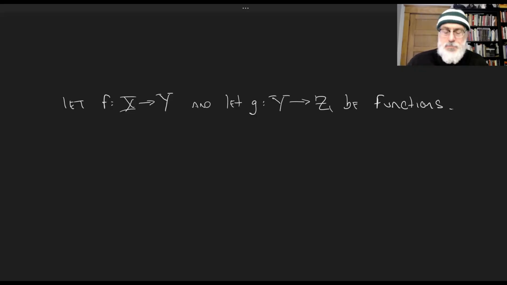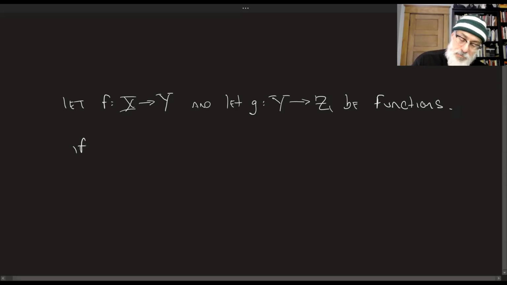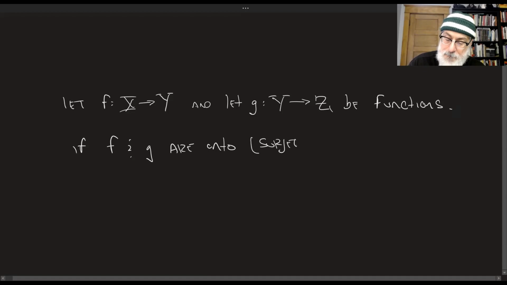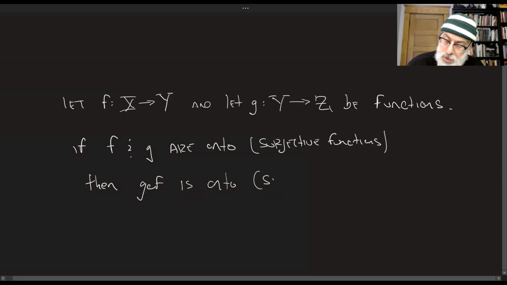Hello. Today we're going to show that if I have a function f from X to Y, where X and Y are sets, and g, a function from Y to Z, where Y and Z are sets, that if f and g are onto or surjective functions, then the composition of g and f is onto, or again, surjective, depending on the text you use.